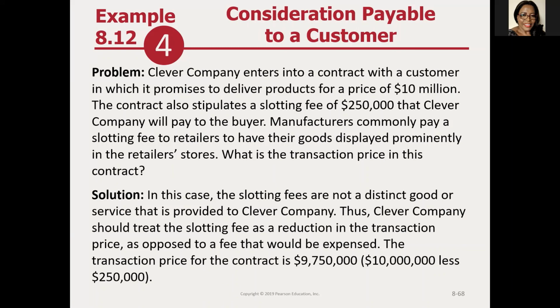So the transaction price for the contract is $9,750,000. And that's the $250,000 subtracted from the $10 million. And that's how you get the $9.75 million.